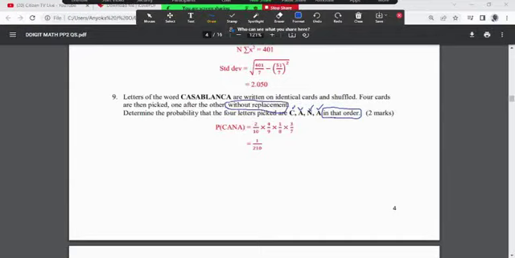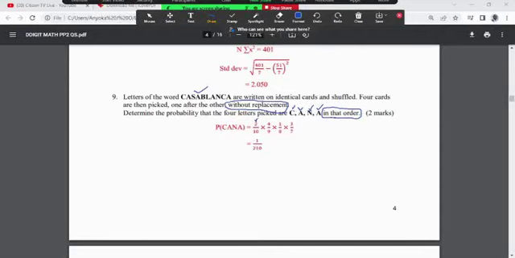So how many letters are here? They are 10 in number. We have 10 letters. The probability of picking letter C: how many letter C's are there? For us, we only have 2 letter C's.